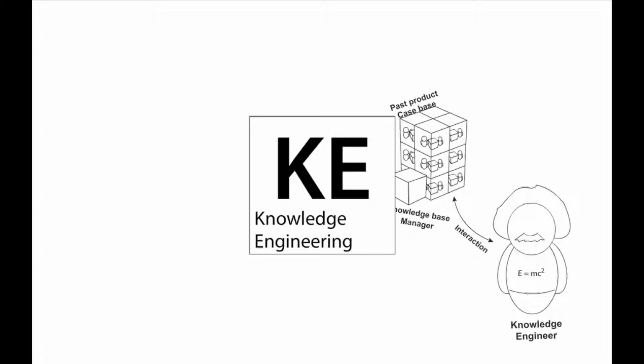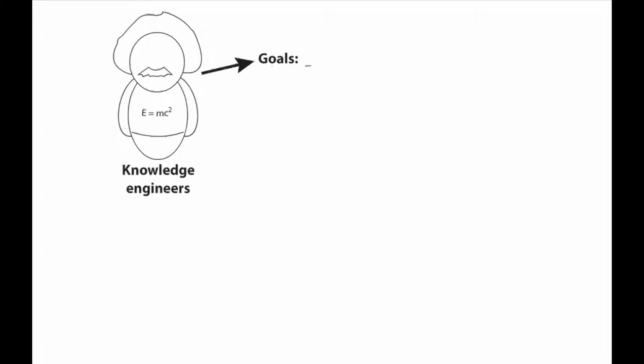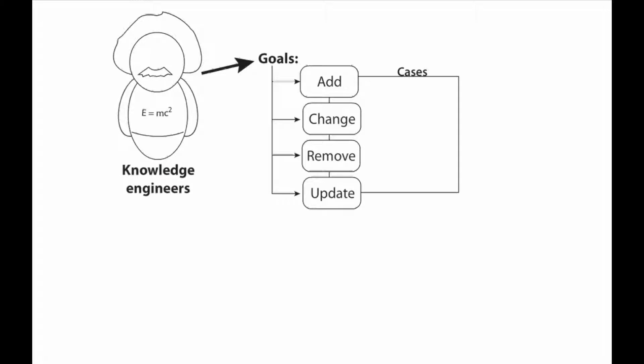As already told before, the knowledge increases on the one hand by using the tool, because the software automatically saves the result of the trade-off calculation to the knowledge base. In addition, there should also be a possibility to add information manually. The goal of these so-called knowledge engineering stakeholders is to add, change, remove, and update data in the database.